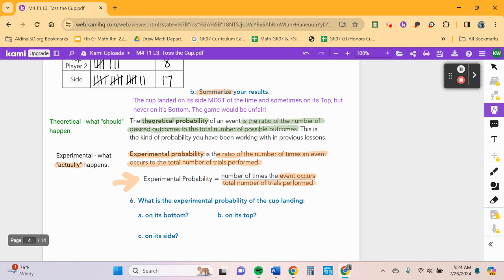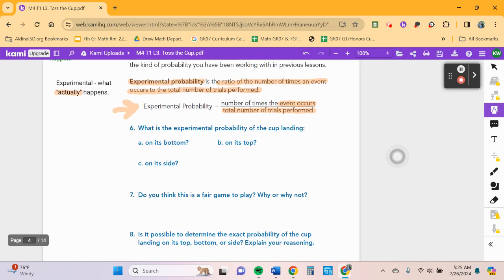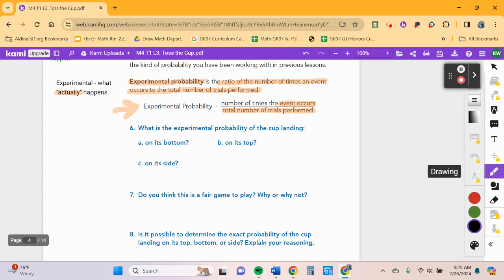Now we're going to write the experimental probability of the cup tossing activity we just did. Using my data, number 6 says, what is the experimental probability of the cup landing on its bottom, on its top, or on its side? I'm going to do one just to show you what it should look like, and then you'll answer the rest on your own.